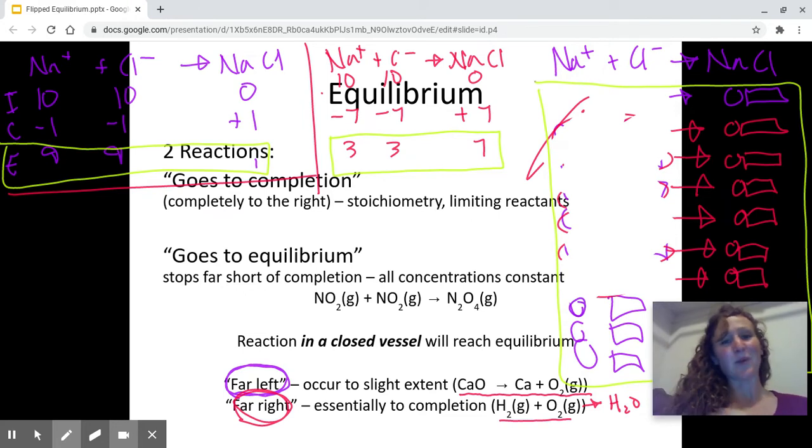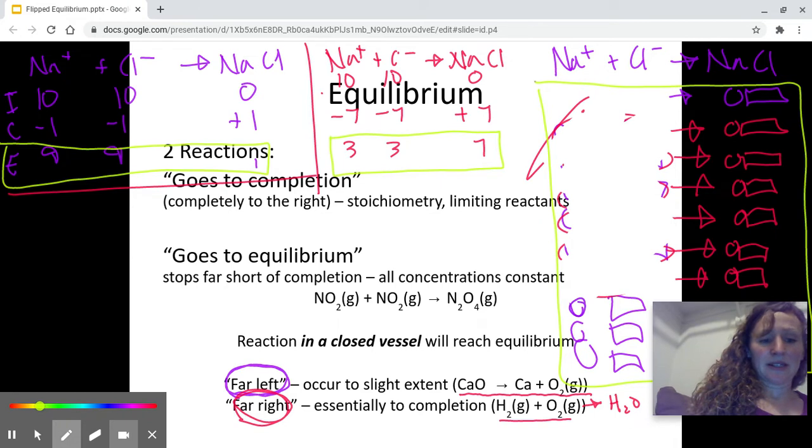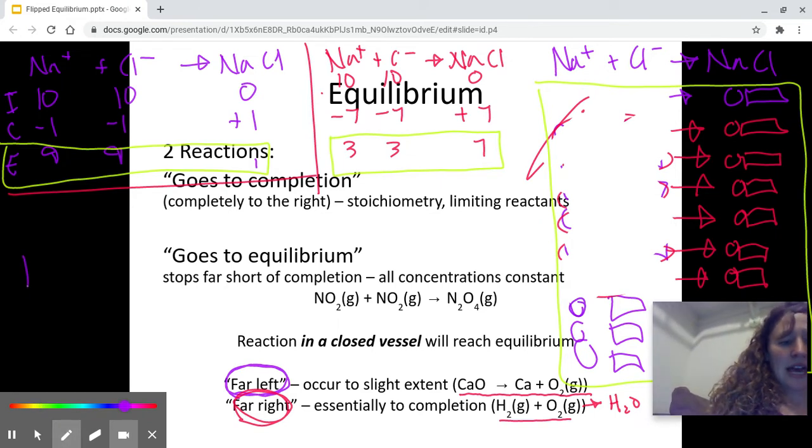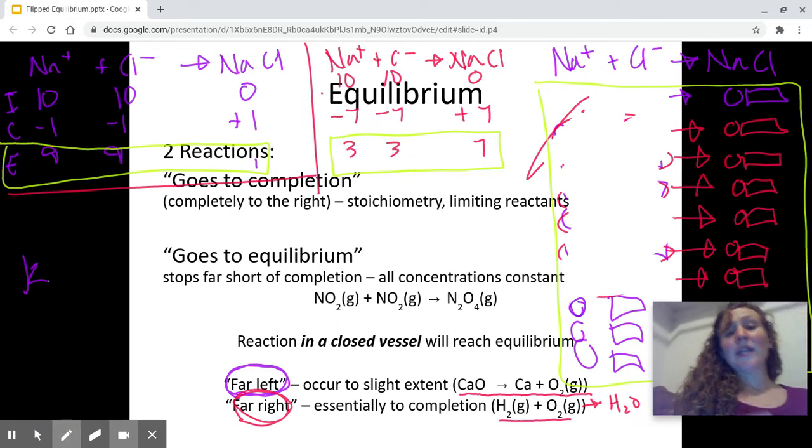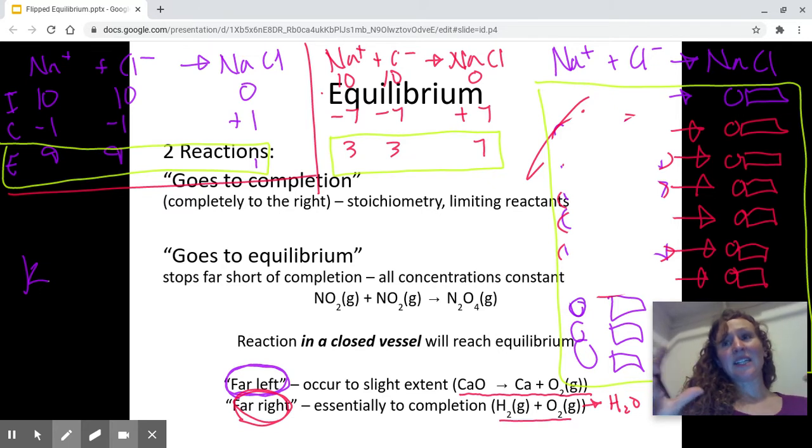That's exactly what we avoided introducing in chemistry. What you guys are so ready for now is this relationship between reactants and products. And this relationship is something that we call K. We need this relationship to be relayed to us.